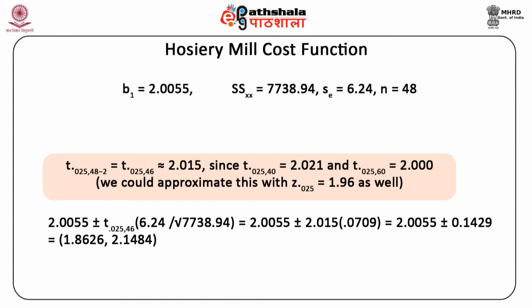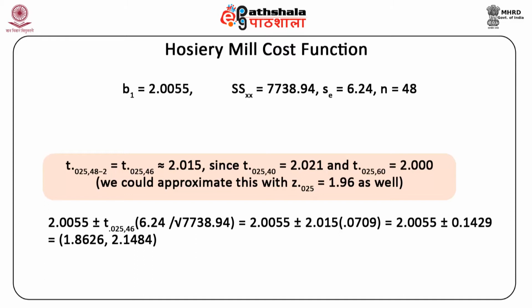Now this is equal to 2.0055 plus minus 2.015 into 0.0709. And on simplification, we get this equal to 2.0055 plus minus 0.1429.